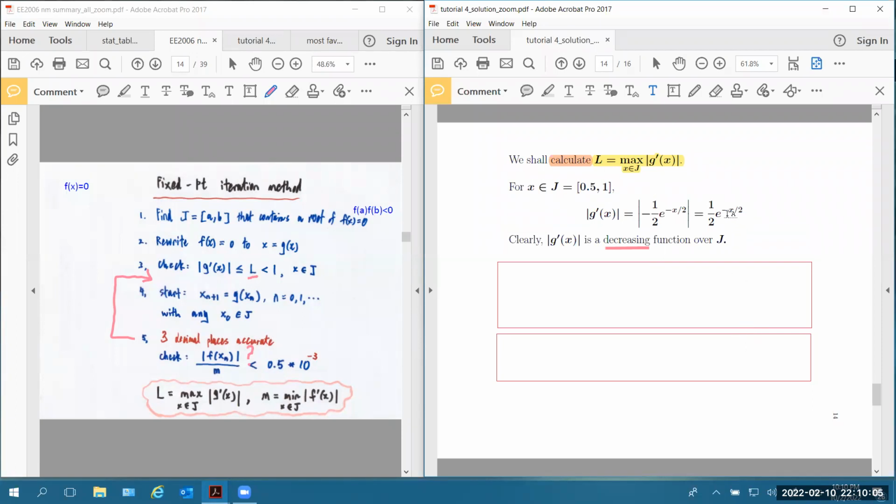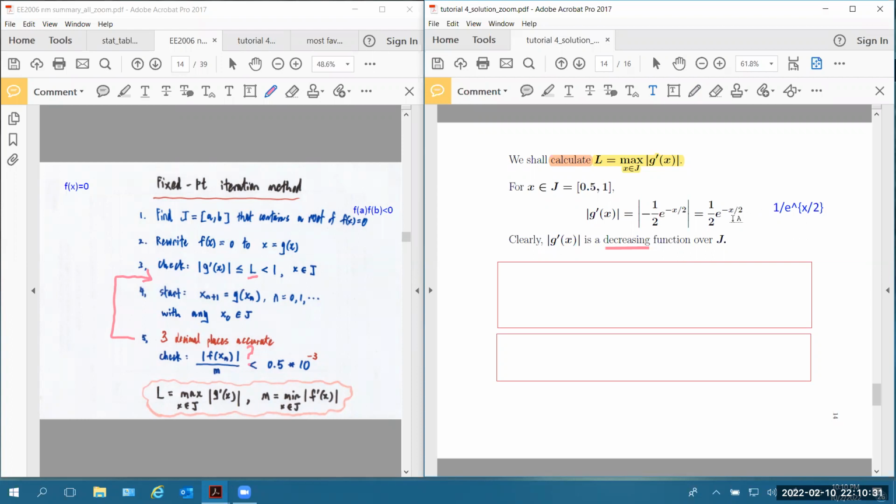Because of the negative power, this makes it a decreasing function of x. Is it okay to you all? Because this is actually 1 over e to the power of x over 2.